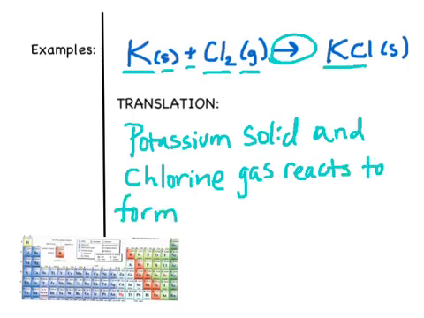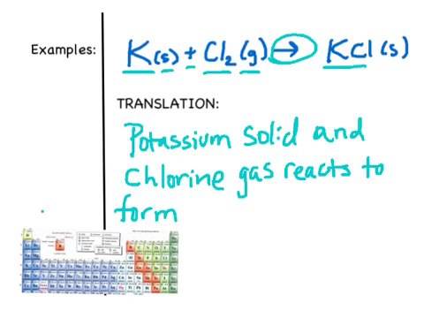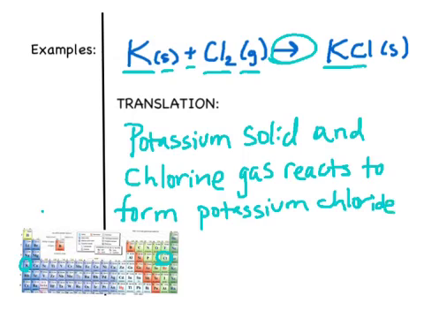And then we have KCl, potassium, which is a metal, chlorine, which is a nonmetal, and so this is ionic, so we just put them together to make potassium chloride. Potassium is not a transition metal, so we don't need any parentheses, and because it's ionic, we don't need any prefixes.